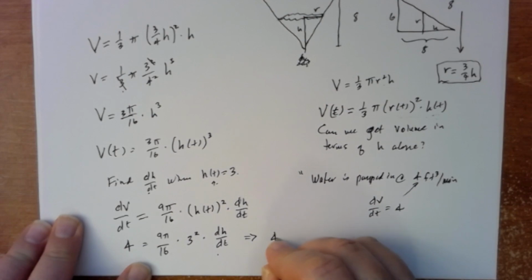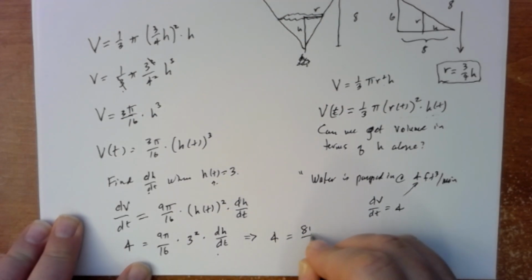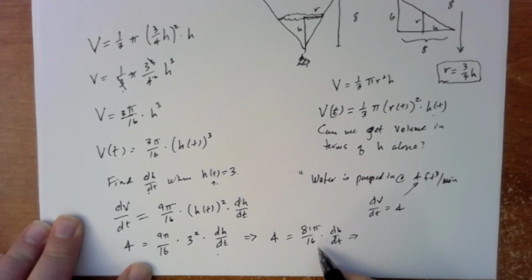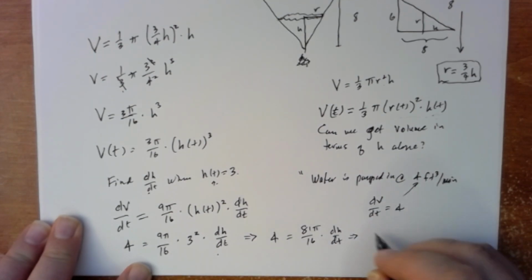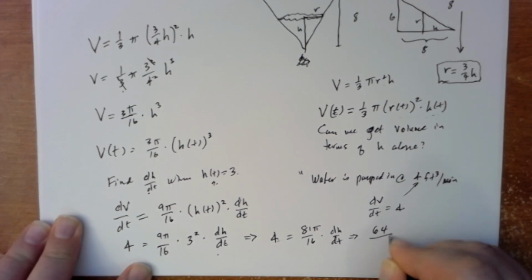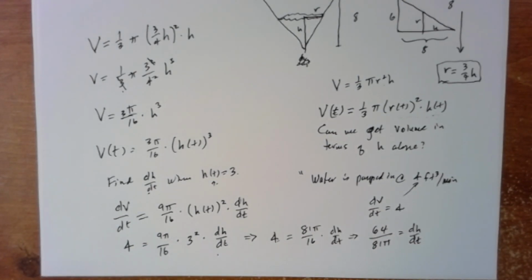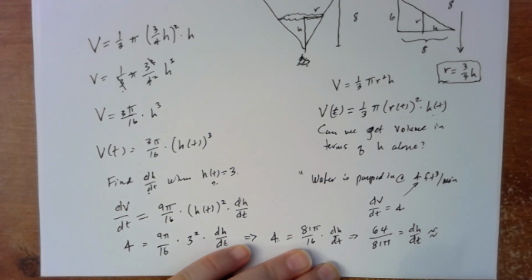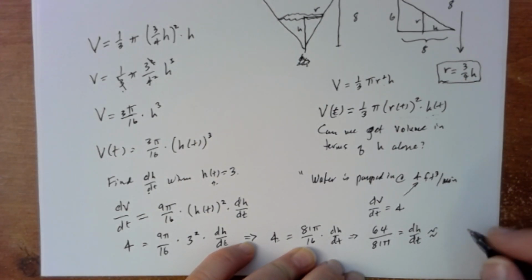Let's go ahead and write one more line. 4 is equal to 81 pi over 16 times dh over dt. So, therefore, invert and multiply, right? So we're going to have 4 times 16 is 64, I believe, divided by 81 pi is equal to dh over dt. And so that is approximately, if you plug that into your calculator, 0.25 feet per minute.